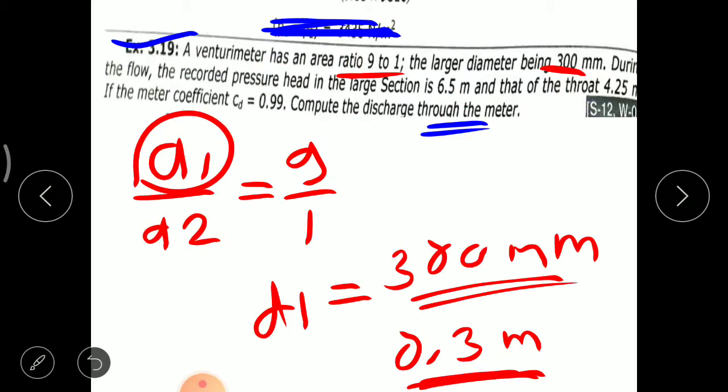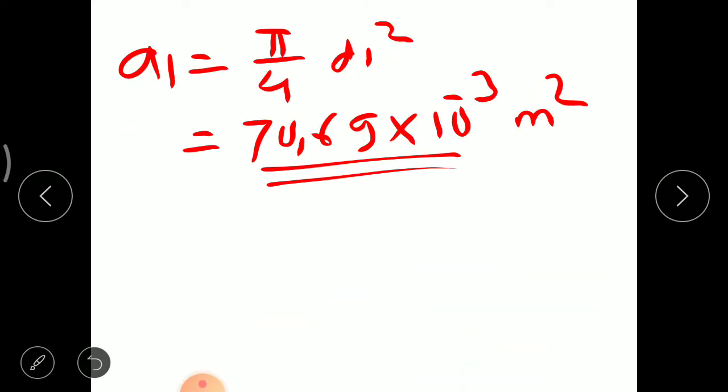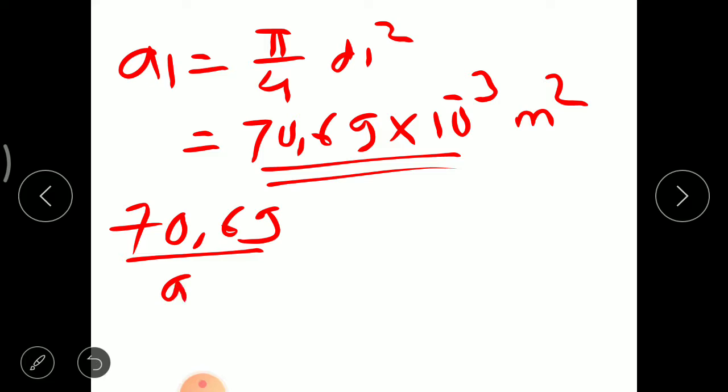Now we put this value in the equation, and it becomes 70.69 divided by A2 is equal to 9:1.